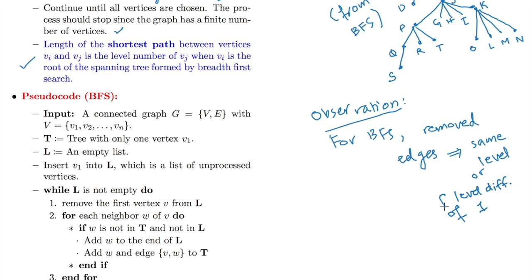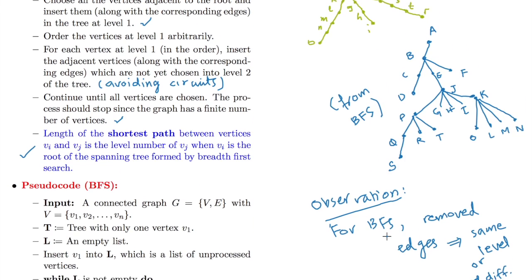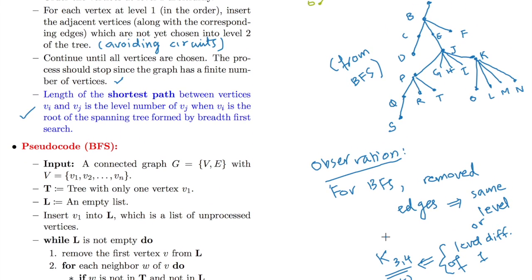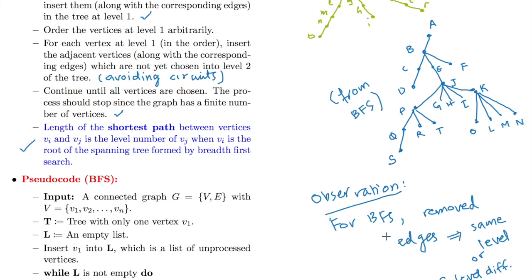This level difference of 1 you can appreciate if you try to make a spanning tree of a bipartite graph, like for example K3,4. This is a hint for you. If you do that, you will see that some edges which are removed actually connect two vertices which are one level apart. Now this is a simple explanation of how to make a spanning tree out of a graph using breadth first search.